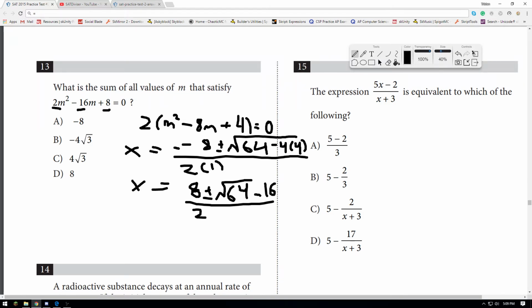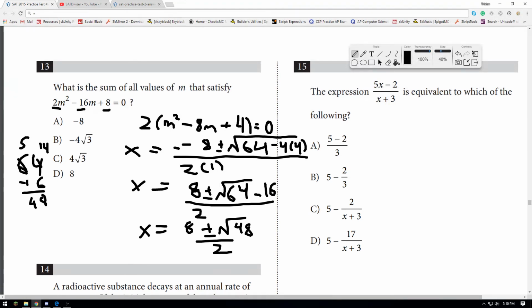Now, if you didn't know what 64 minus 16 is off the top of your head, of course, you just do 64 minus 16. It's always good to know this off the top of your head: 64 minus 16 would be 48. So let's rewrite this. x is equal to 8 plus or minus the square root of 48 over 2.